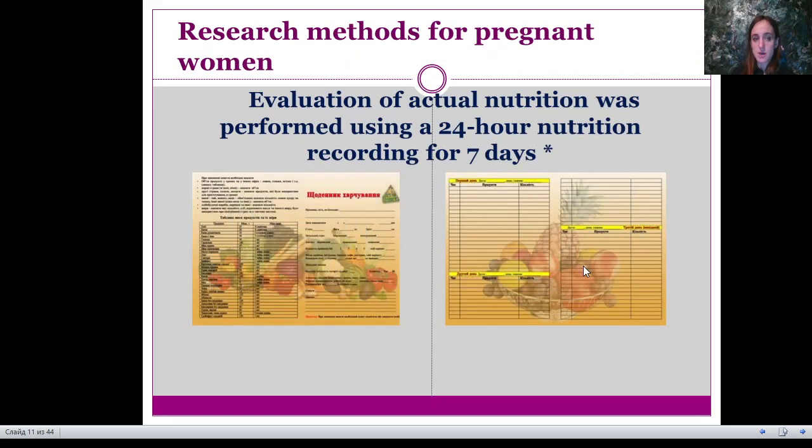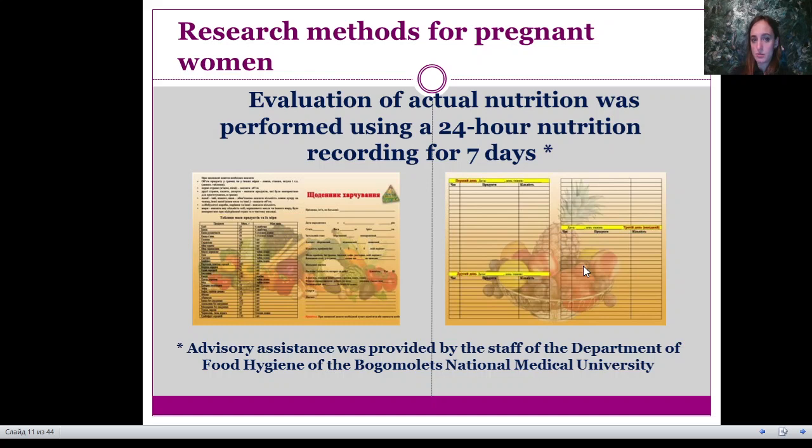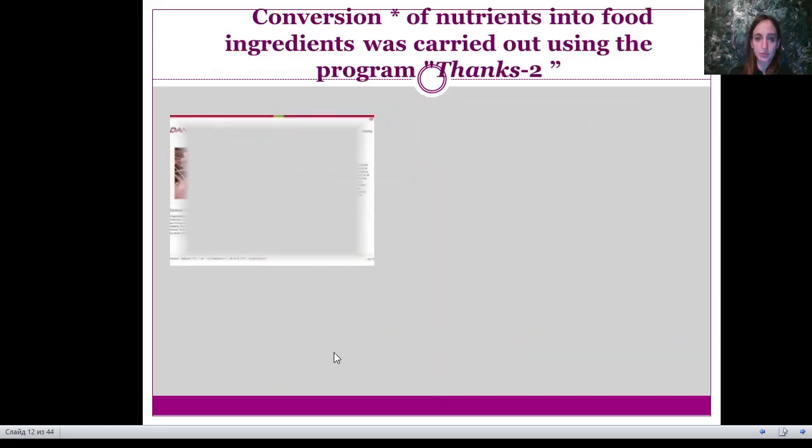And of course, we'll speak about the methods for pregnant women, and it is first of all evaluation of actual nutrition, where a pregnant woman uses 24 hours nutrition recording for 7 days. And of course, you can see such a special card where our pregnant woman can write her nutrition during 24 hours.